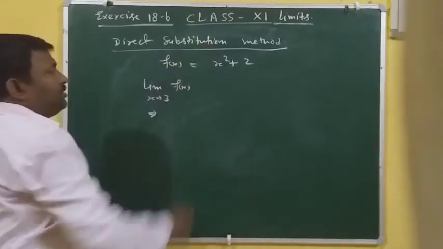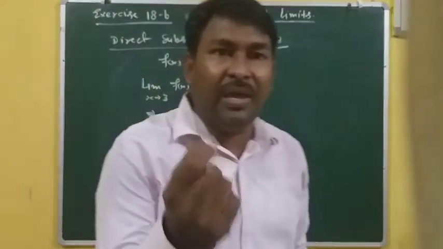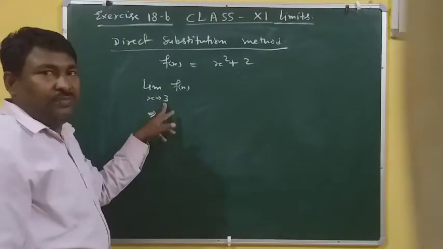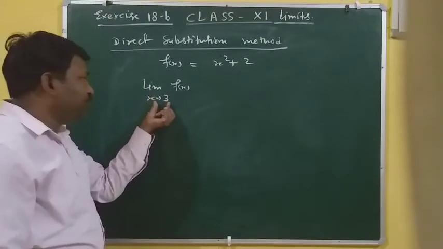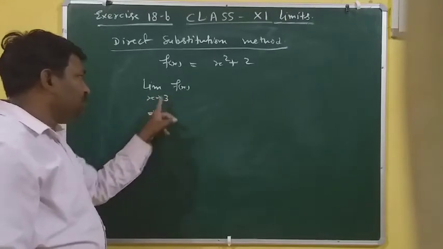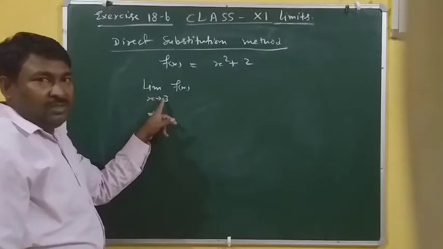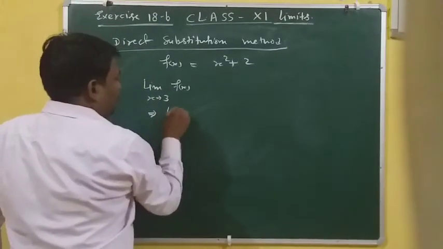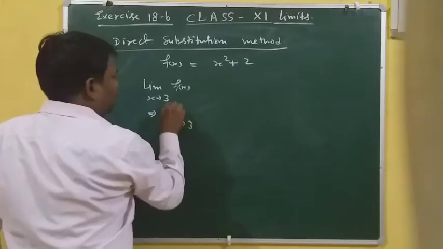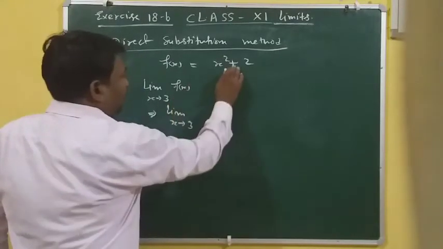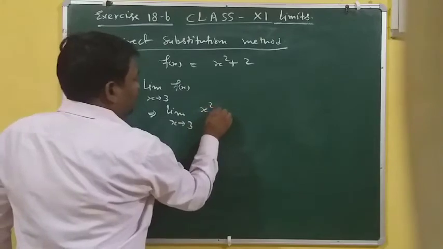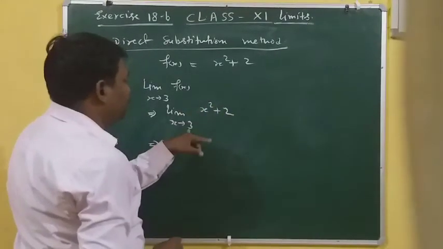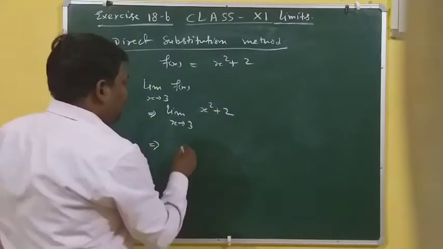Here in the direct method, whatever x tends to in the question, directly you have to put that in the function at the place of x, that is, 3. So limit as x tends to 3, at the place of f(x) directly put this function x square plus 2, and thereafter you can substitute x by 3.